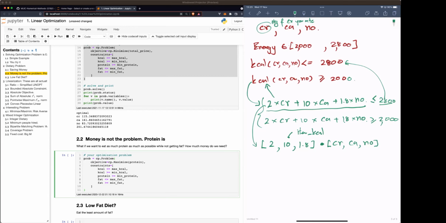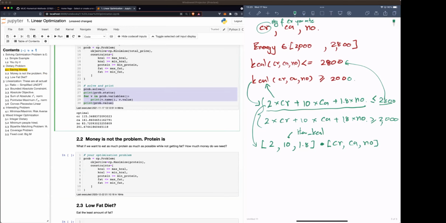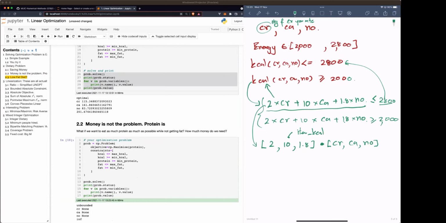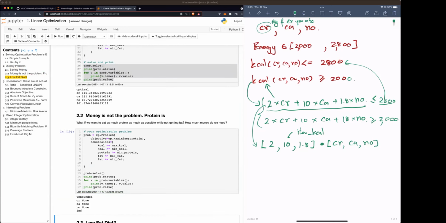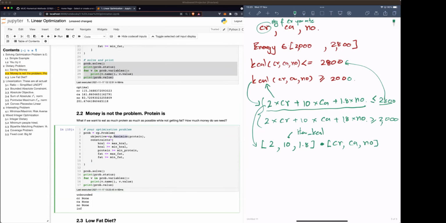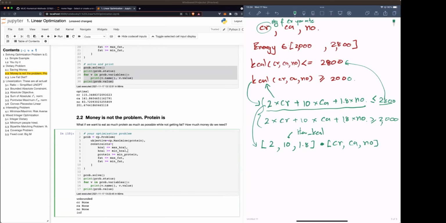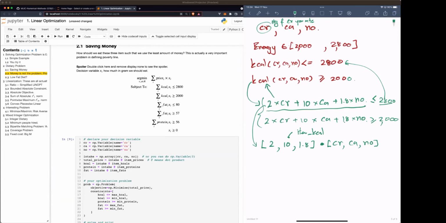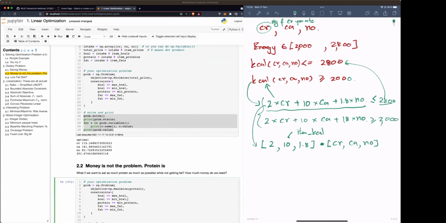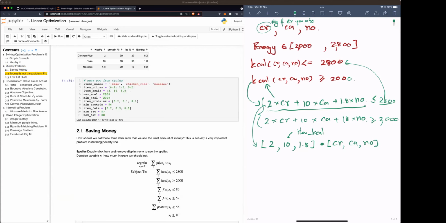Let me just copy this. Unbounded. Oh. Why unbounded? Is there anything with no fat?